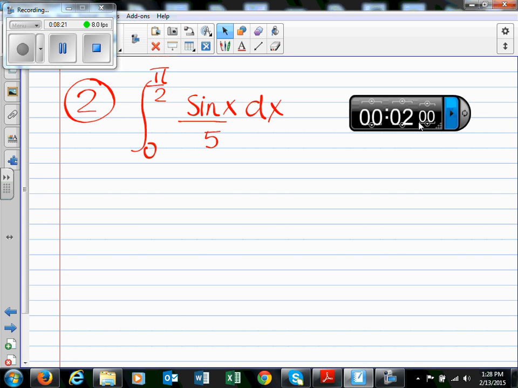Antiderivative of sine x. Look at the list.